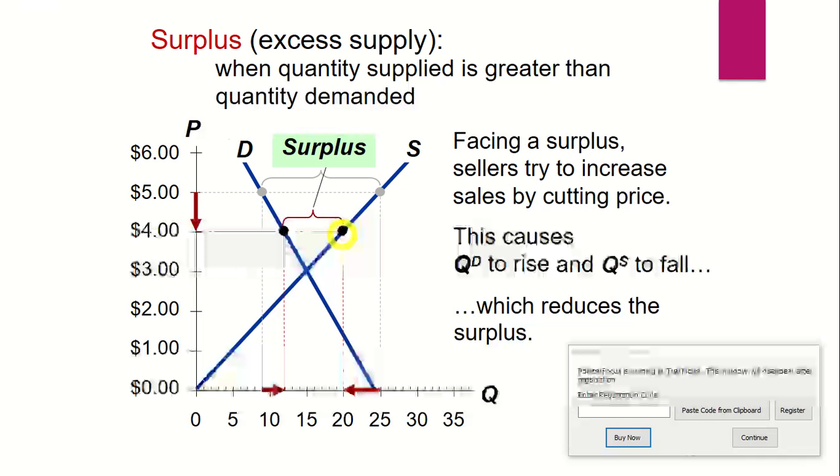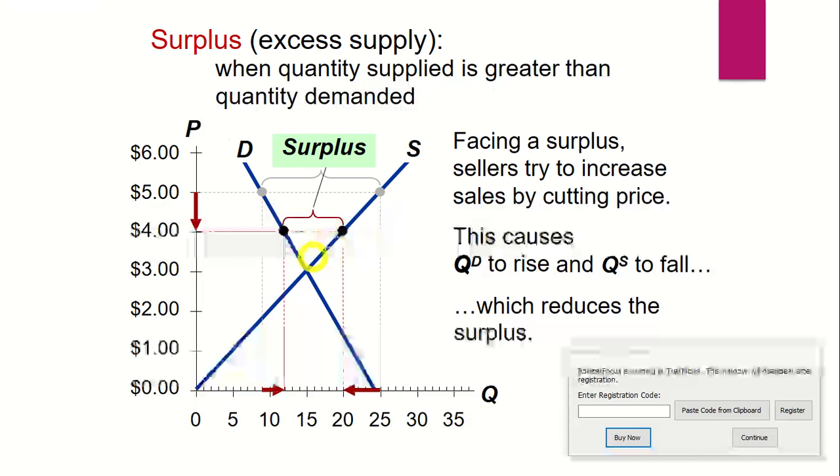And when quantity supplied falls, the surplus is reduced. Here the demanders and suppliers are moving towards equilibrium.